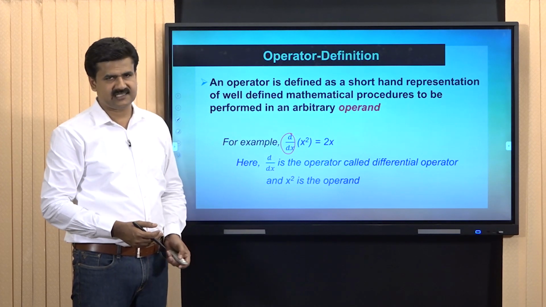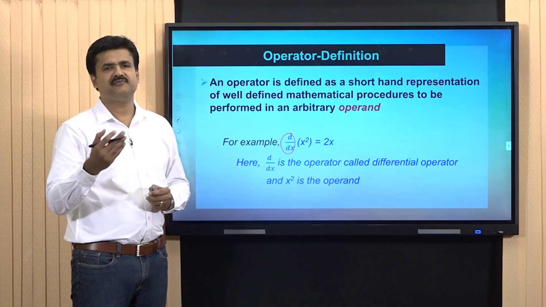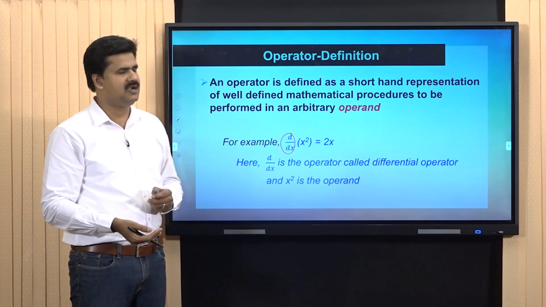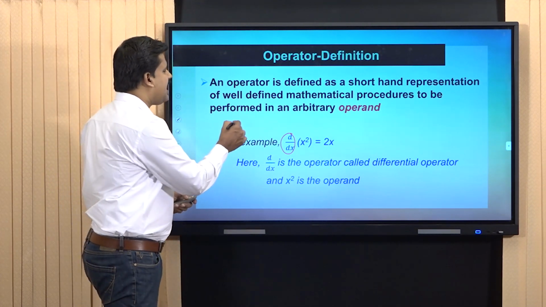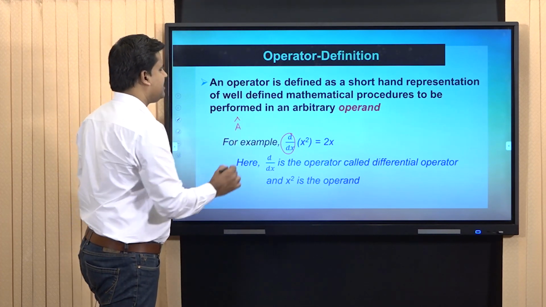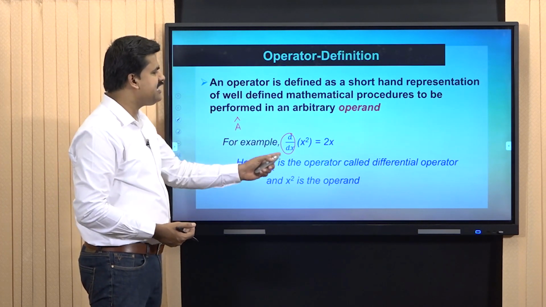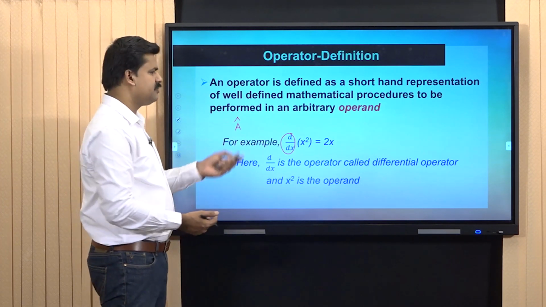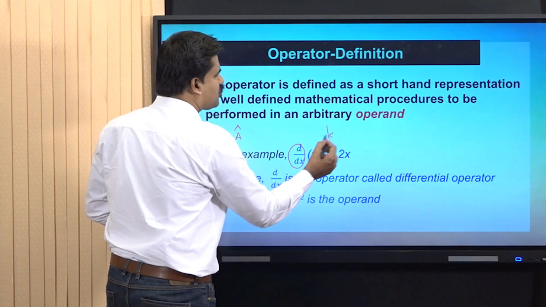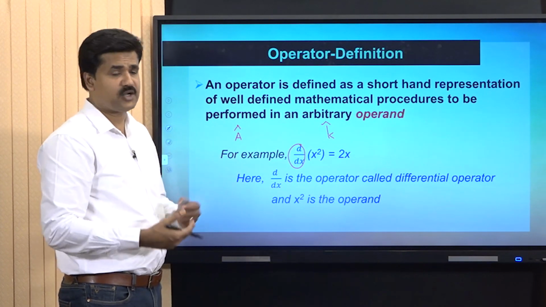In order to differentiate an operator from a quantity or a variable, we place a hat above an operator. That is, operator A is denoted as A hat. d by dx is an operator. Similarly, multiplying with a constant is denoted as K hat, a constant operator.